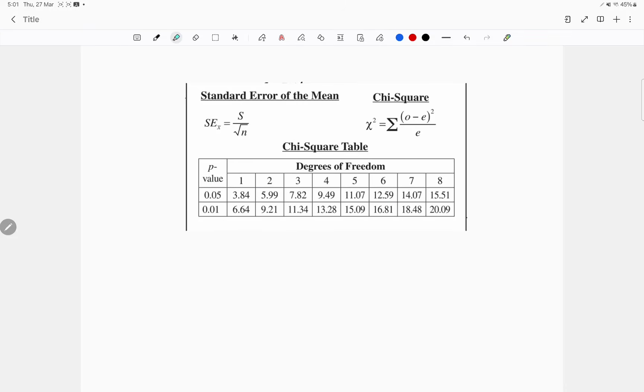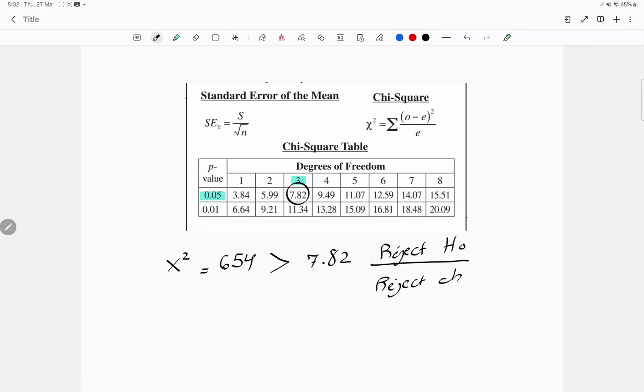So if I have 3 degrees of freedom and my p-value has to be 0.05 unless told otherwise, my critical value is going to be 7.82. And since my chi-square value, which is 654, is much larger than 7.82, I will simply go ahead and I will reject null hypothesis. I'll reject chance. That means the results that I saw are not because of chance, but are truly because of linkage.